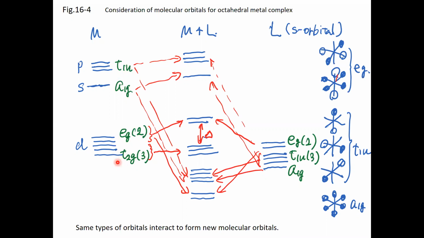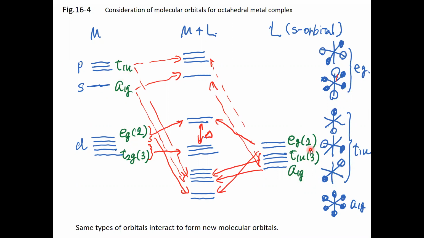Anyway, it is already categorized: the d orbitals, three of them, are categorized into T2g, and two of them into Eg, and the s orbital is A1g, and the p orbital is T1u. Similarly, the ligand molecular orbitals are also categorized into the groups A1g, T1u, and Eg.